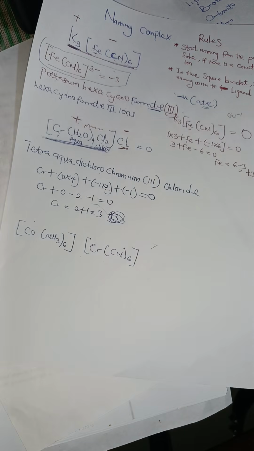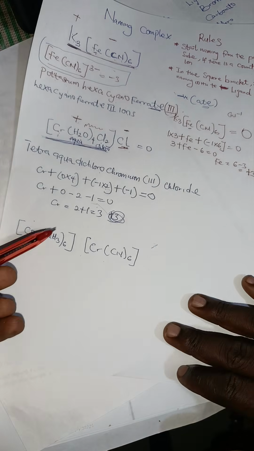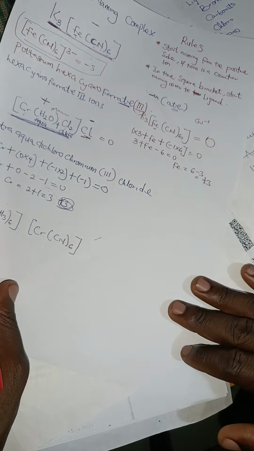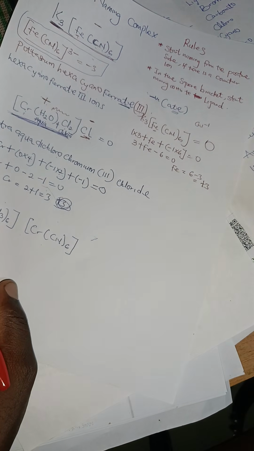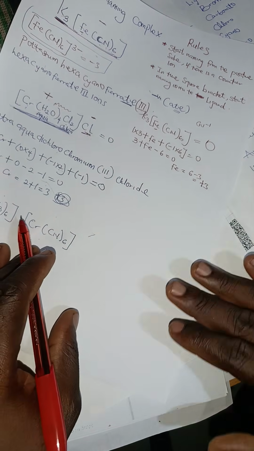Then there are some rare cases whereby the square bracket will not have any charge. We have instances where the square bracket is going to be neutral.